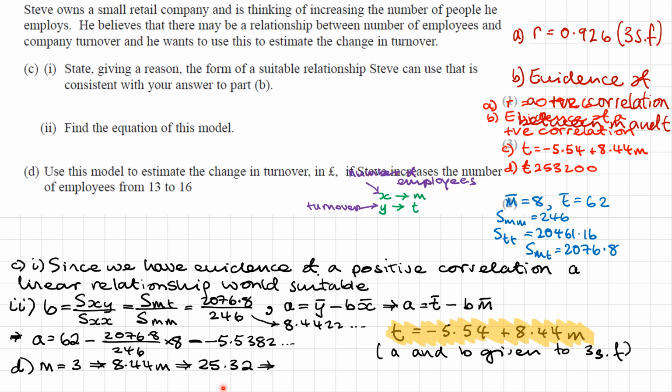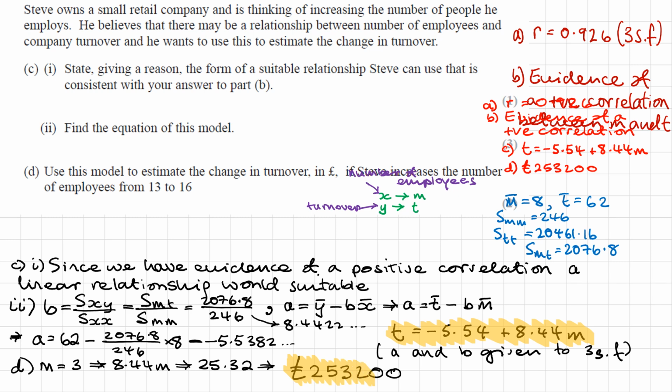So I want to get the turnover in pounds. So that's the value of t. So if I times that by 10,000, what I get is 253,200 pounds for that increase in turnover.